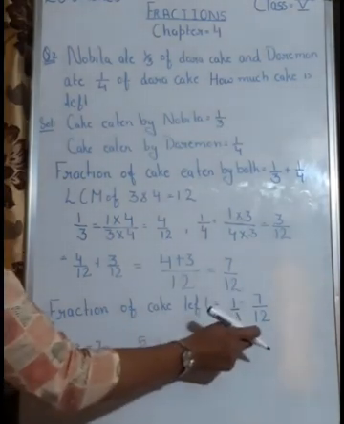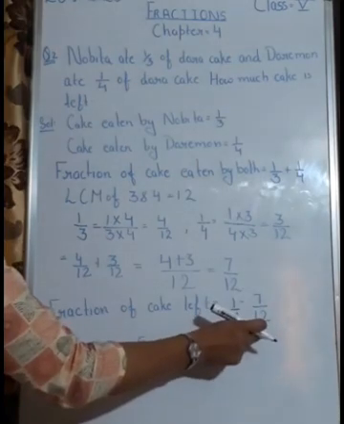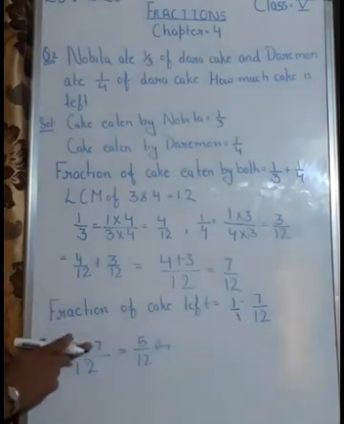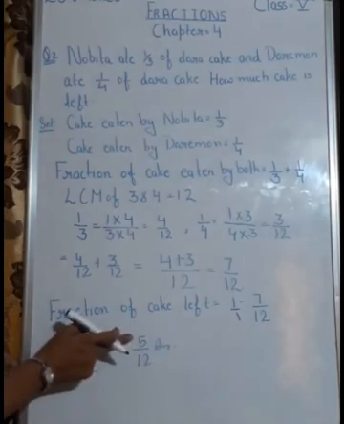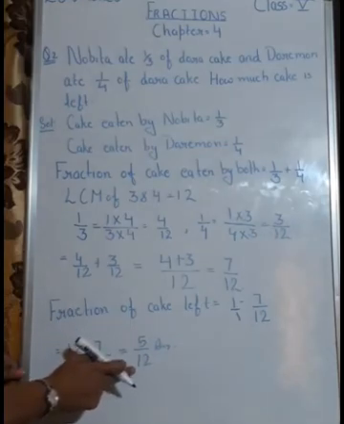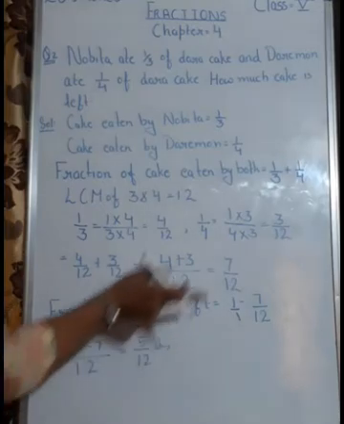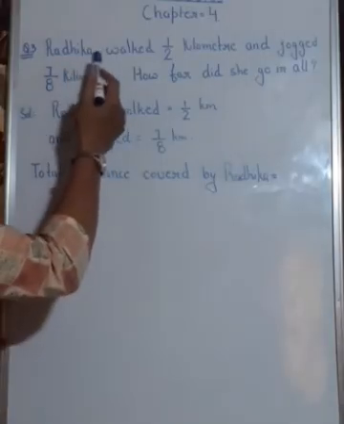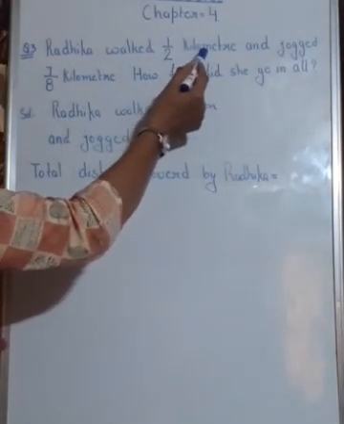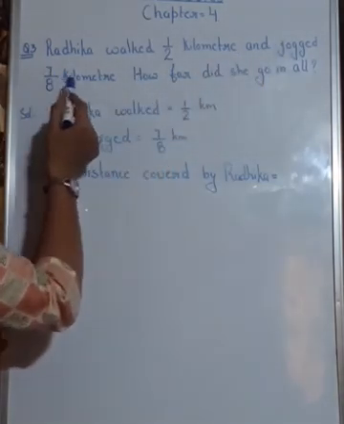You have to solve this part in your notebooks by yourself. 12 minus 7 will be 5, and this 12 will be written as 12. It means 5 by 12 is the fraction of the cake that has been left after the cake eaten by Nobita and Doraemon.